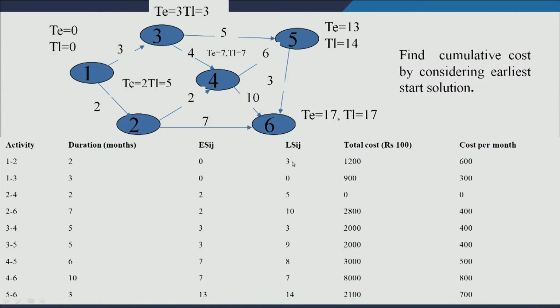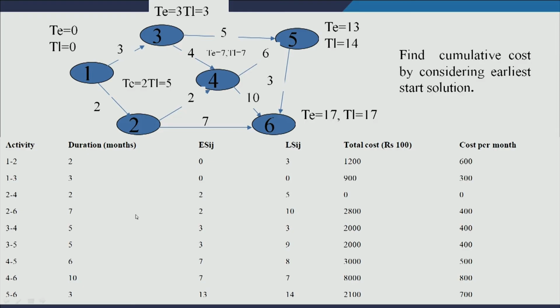Any idea? We know that at node 2, TL is 5. TL is the latest completion time. So, whatever your latest completion time is, if you subtract the duration of the activity, you will get the latest start time. So, this is 5 minus 2 is 3, very simple.